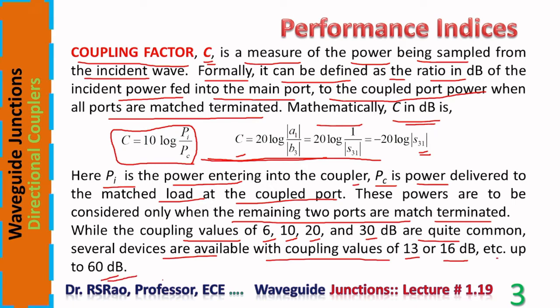Before going further, just to remind the important aspect of coupling factor, it is a measure of the power being sampled from the incident wave. Some power is flowing. A part of this power is diverted. How much of the main power flow is diverted? That is indicated by coupling factor.